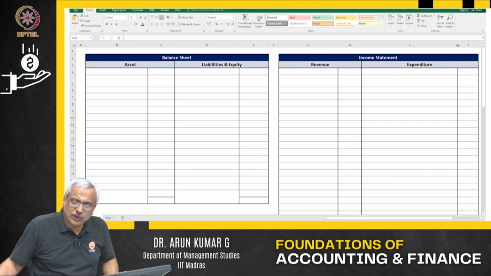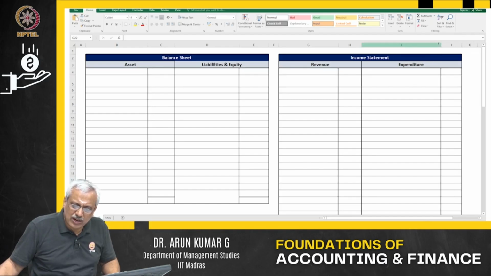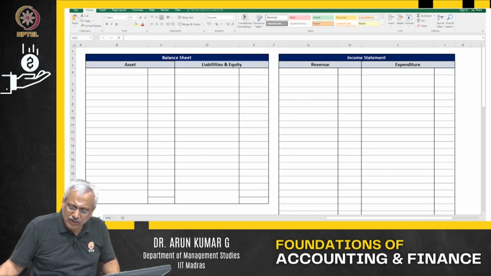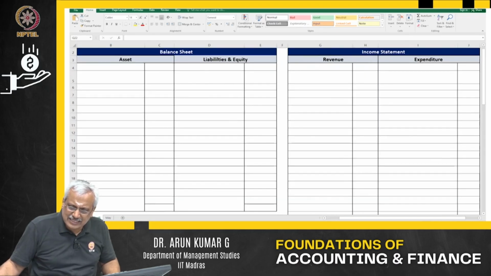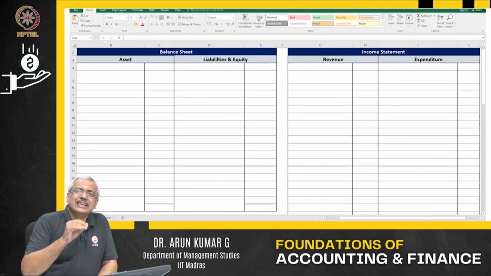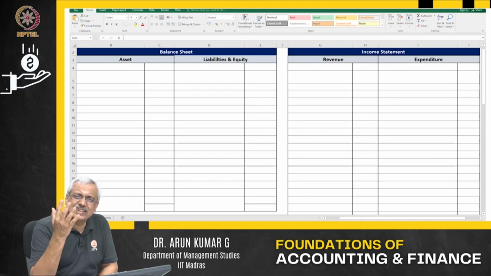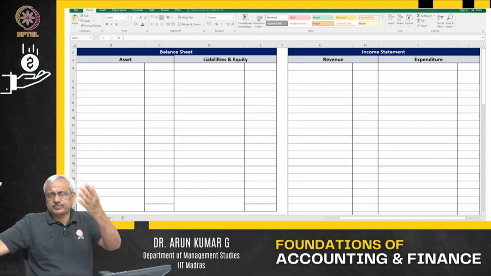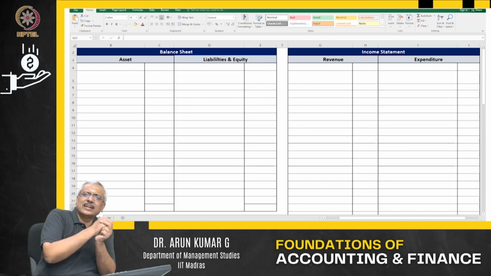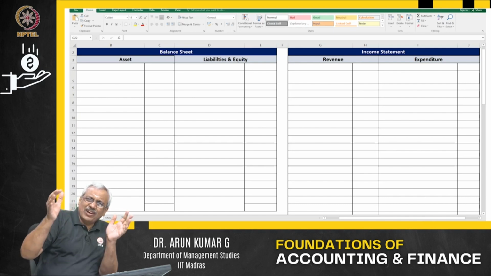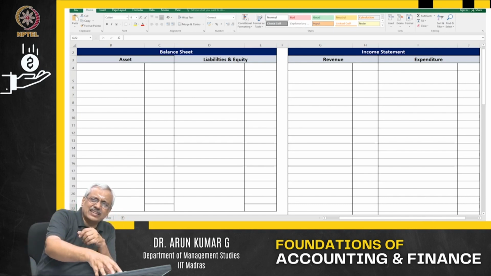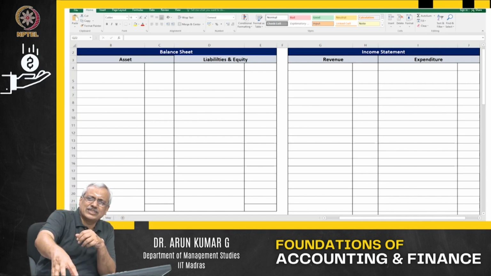So, what are we trying to do out there? The purpose of doing this is for all of you to know that any transaction that happens is initially entered in a journal, then posted in the ledger, then goes to trial balance, etc. So, ultimately when it is all consolidated, it gets consolidated in the form of P&L or income statement and balance sheet.